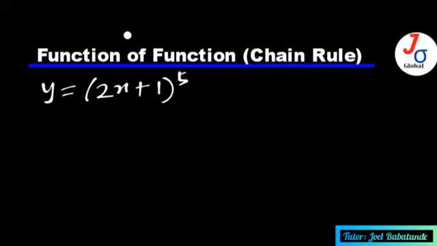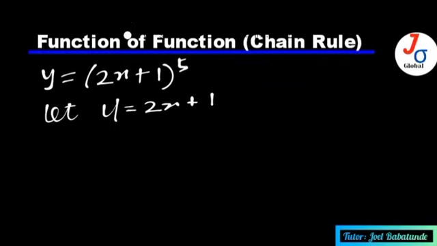The one inside this bracket, I'm going to represent with the letter u. So let u equal 2x plus 1. And if that's the case, then I now have y becomes, since all of this has become u, u to the power of 5.